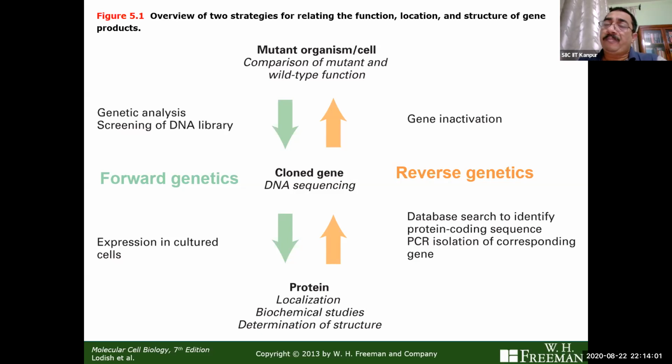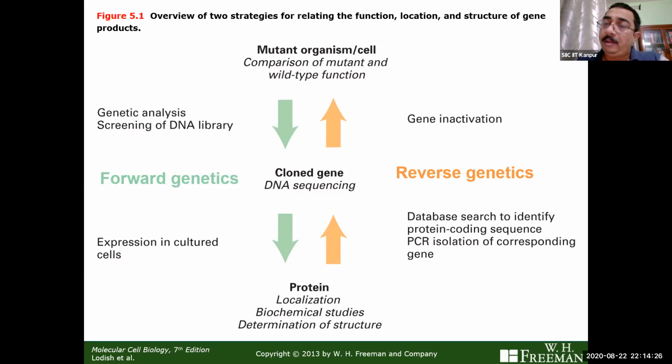Now, you will have this DNA, like a genomic DNA library or cDNA library that we will talk about later. You can have a very large set of bacteria where each bacterium will harbor one gene or the other.